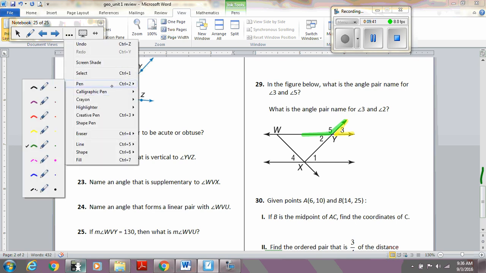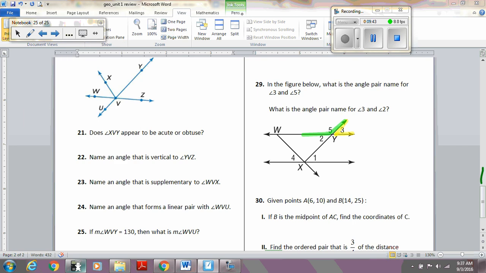Angle 3 and angle 5 share a wall, so they're adjacent. Together they form a straight line, so it's a linear pair. And then since it's a linear pair, it's supplementary.